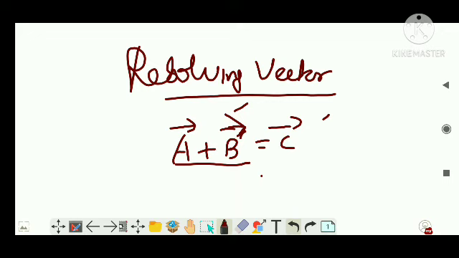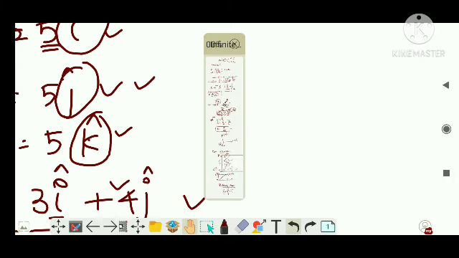That means I can also think of this another way. If A and B vectors can be used to generate C vector, that means I can split the C vector to generate A and B. It's just like a simple maths problem.